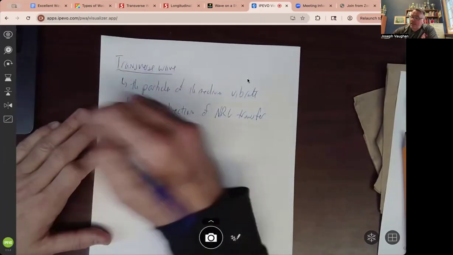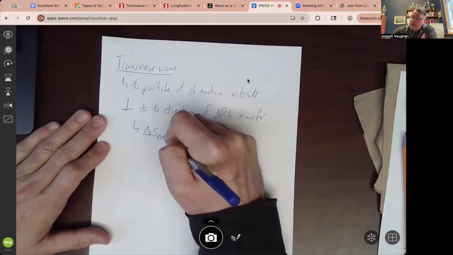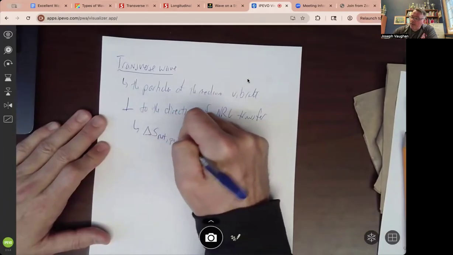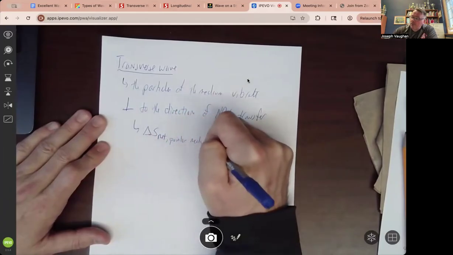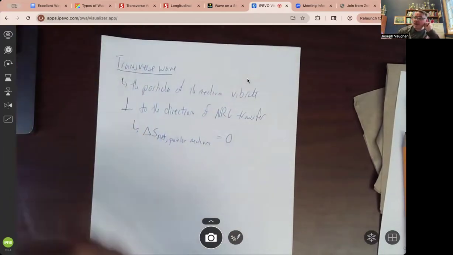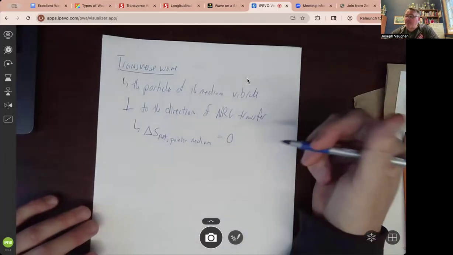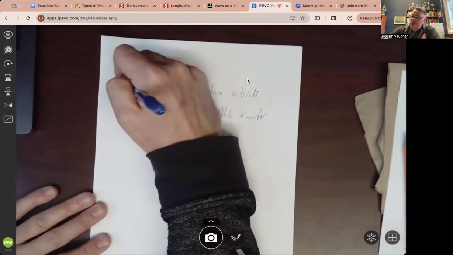Per cycle, once again, the net displacement of any bit of matter, of a point on the medium, is still zero. It vibrates out, back, right, every time the wave goes through. And that's also what I was talking about, where the net transfer of mass is zero, because every particle is sort of vibrating about a point, or from a point and back to that point. So there's a transverse wave.